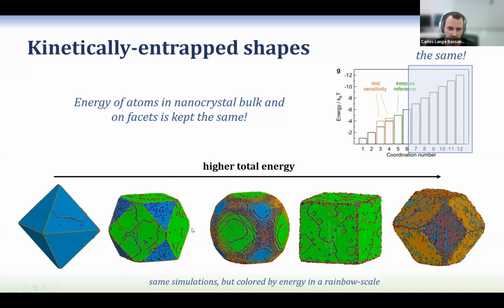And if we take these same simulations and color them by the energy level, we see different energy levels. For example, this orange that is tending to red, the warmer colors, has a larger energy than the ones that have blue color. So all of these shapes have a different total energy, but they're still stable. So we say those are kinetically entrapped shapes. Those are kinetic Wulff shapes.